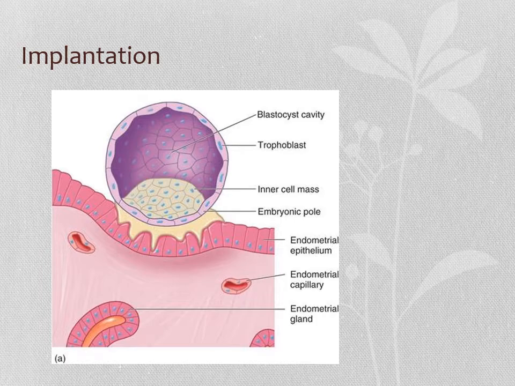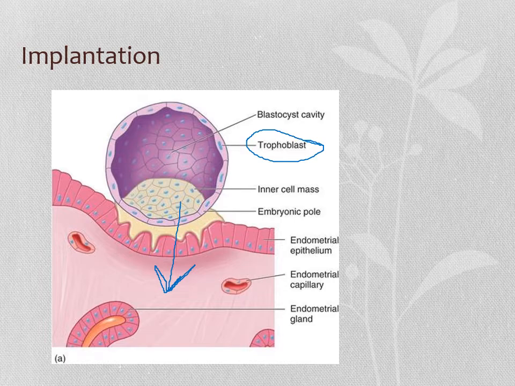So here's the blastocyst arriving in the uterine cavity around day 8 or so, and the trophoblast is now going to release some enzymes so it can digest through and burrow into the endometrium. It's actually going to completely burrow down into the endometrium, and when it does, it's going to start making HCG, that hormone, human chorionic gonadotropin, HCG, that will tell the corpus luteum to keep making progesterone and therefore maintain the endometrial lining.